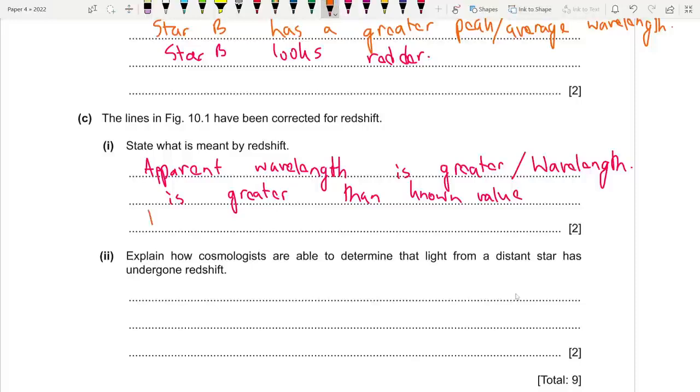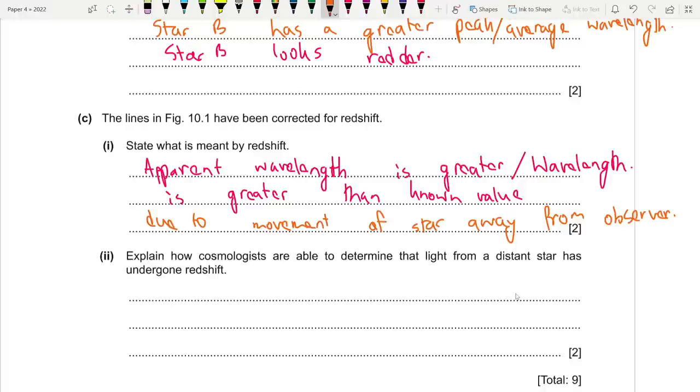Why? Due to movement of the star away from the observer, us on the Earth. Okay? This is very, very important. And blue shift is not possible because the universe is expanding. So only redshift occurs.